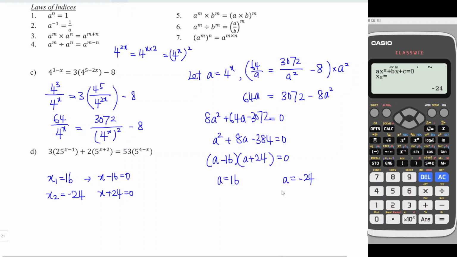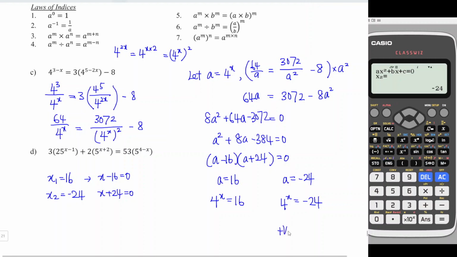Our intention is not to determine a, but to determine the value of x. What is a? a is 4 to the power of x. So we have 4 to the power of x is equal to 16 and 4 to the power of x is equal to negative 24. When a positive number is raised to any power, we will definitely obtain a positive value.